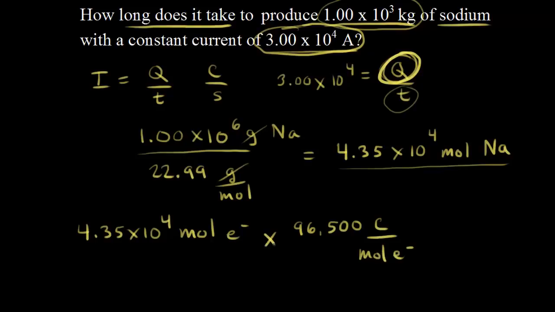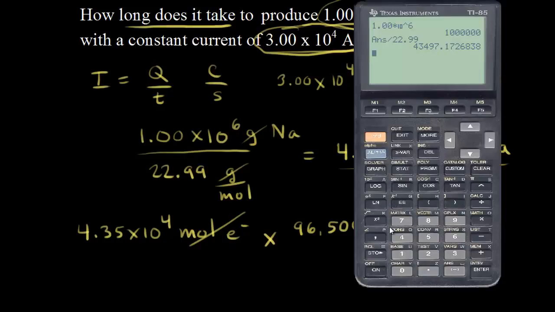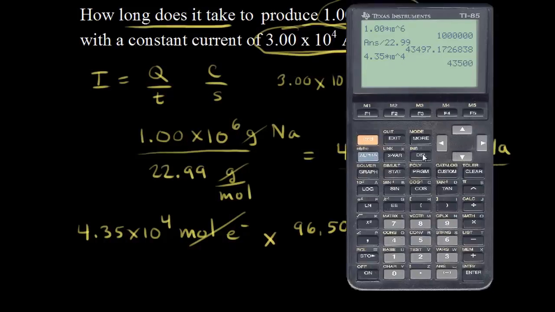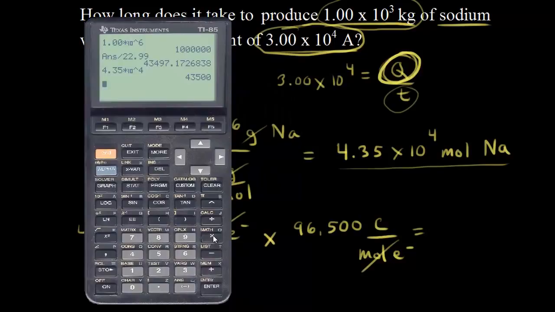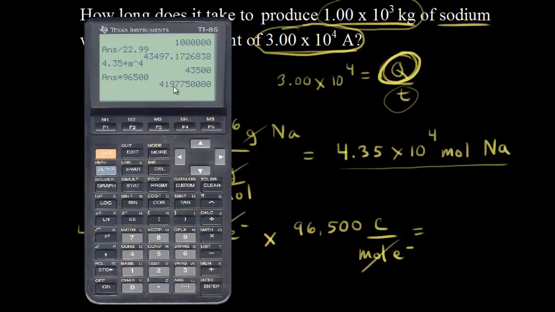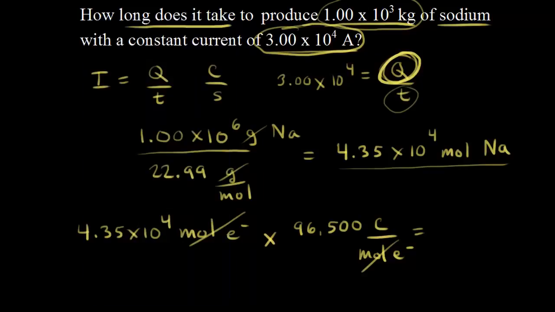If we multiply these together, the moles of electrons will cancel and we will get the charge. So we have 4.35 times 10 to the fourth, multiplied by Faraday's constant, 96,500. And we get 4.20 times 10 to the ninth. Let's write that down.